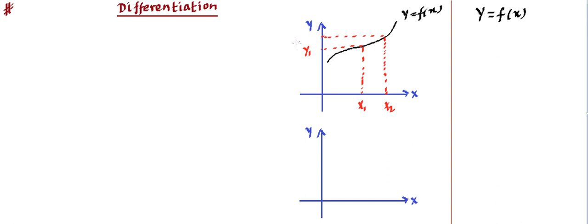Wherever we meet the y-axis, that becomes the value of y corresponding to this value of x, which we can call y2. As per this function notation, y1 is equal to the value of the function when x is x1. Similarly, y2 is the value of the function at x equal to x2. These x1, x2 can be any numbers on this x-axis or in the domain, and the corresponding y will be obtained.